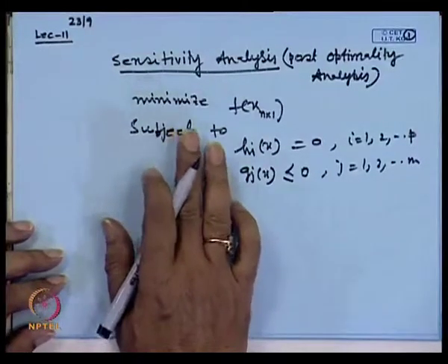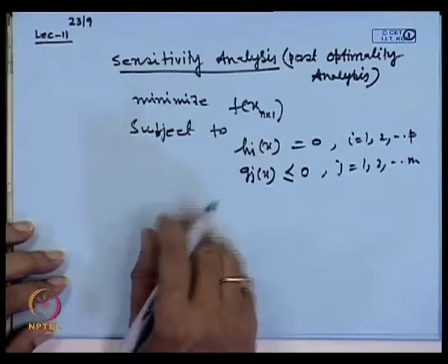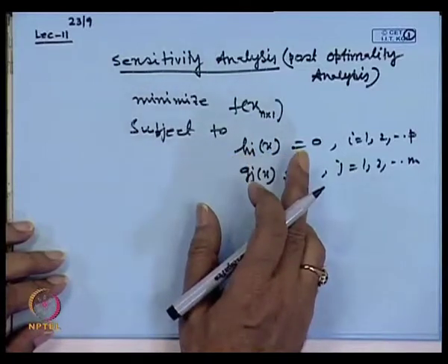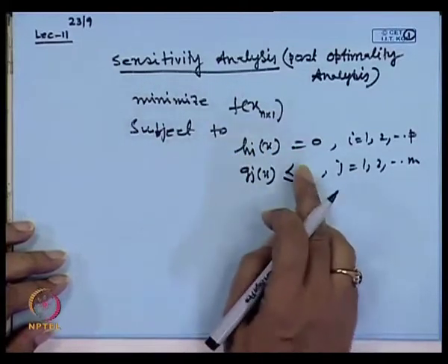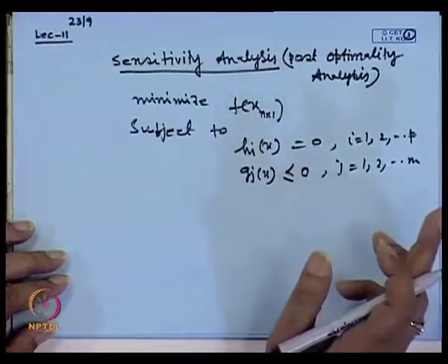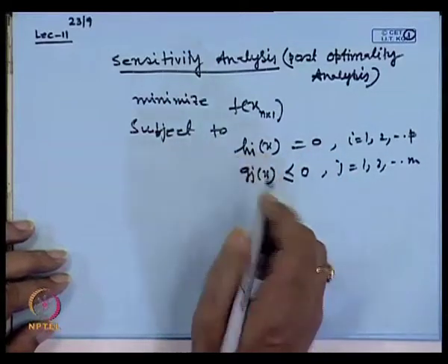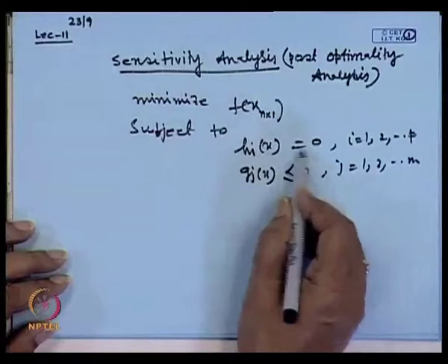Now, we want to study the variation in the optimal cost due to the variation in parameters of the original problem. Our original problem is h i of x equal to 0.